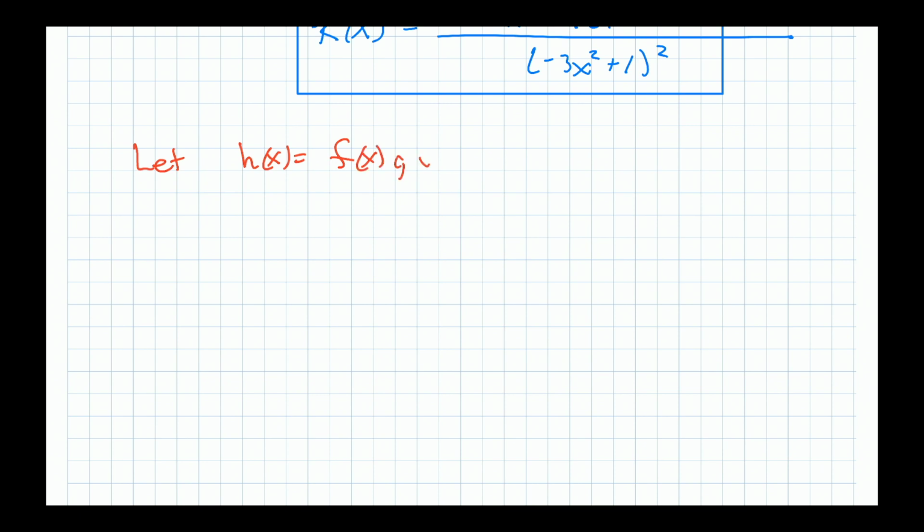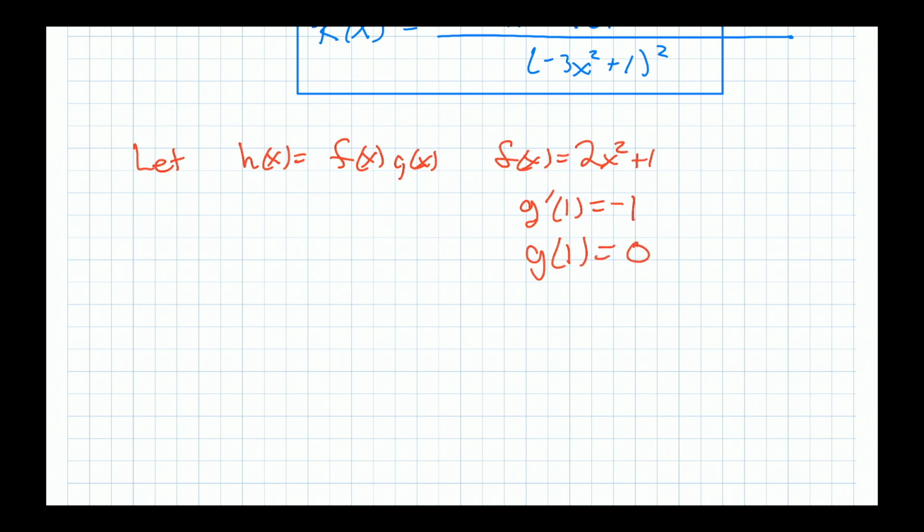f times g. And then they give me f is 2x squared plus 1. Oh, okay. And they give me numbers. They give me g prime of 1 is minus 1, and g of 1 is 0.